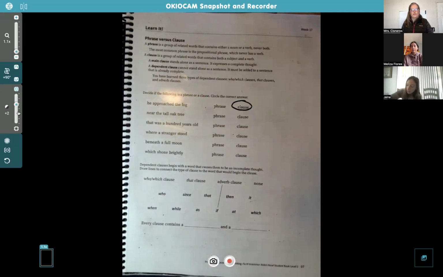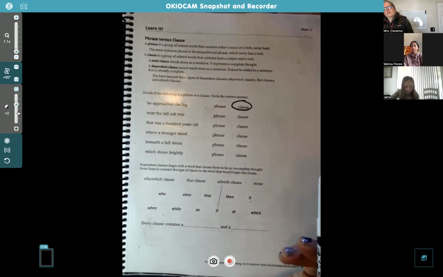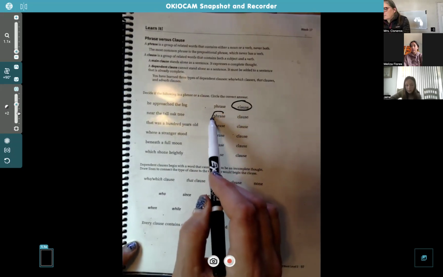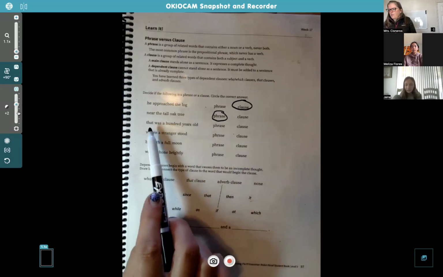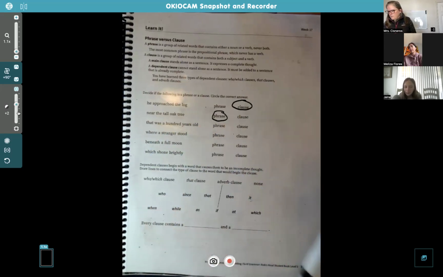Okay, is that a phrase or a clause? Phrase. Good. It's a phrase because there's no verb there. It just says near the tall oak tree, and we know the word near is a preposition, so that's a prepositional phrase.